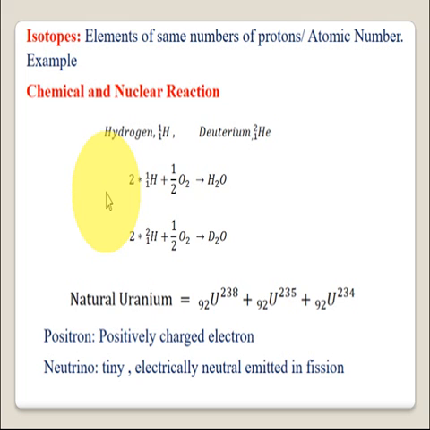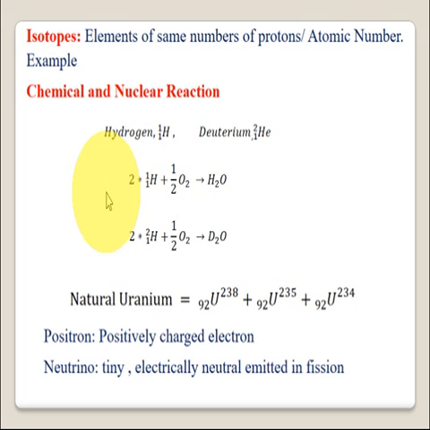But in a nuclear reaction, the atom changes its structure. In a nuclear reaction, fission or fusion takes place. The atom will disintegrate or combine to become smaller or larger. This is the difference between chemical and nuclear reactions.